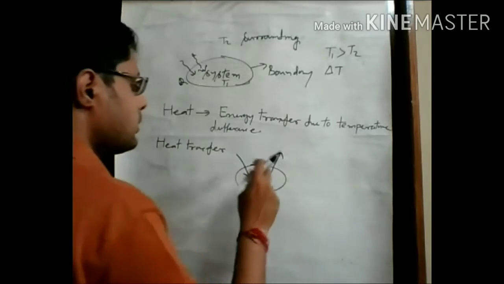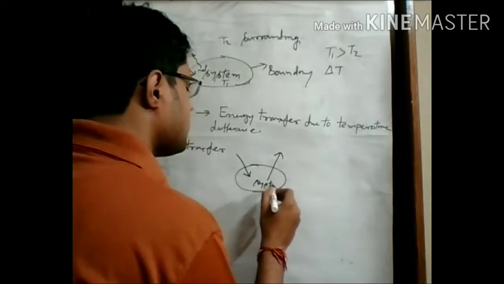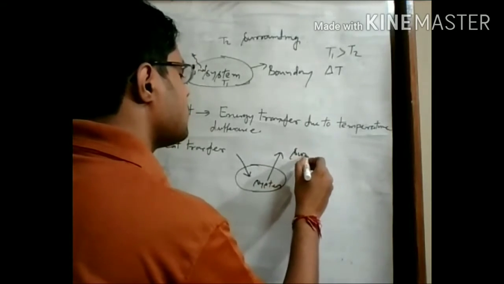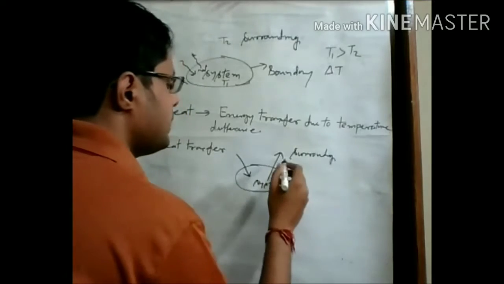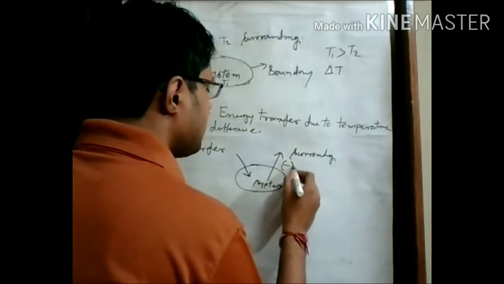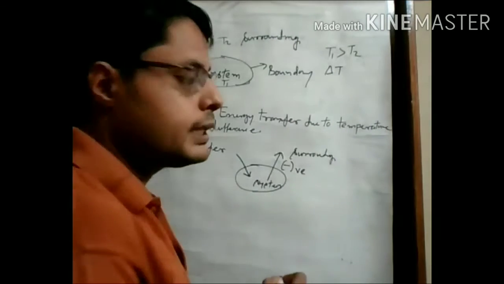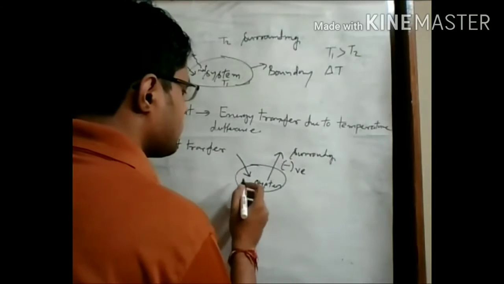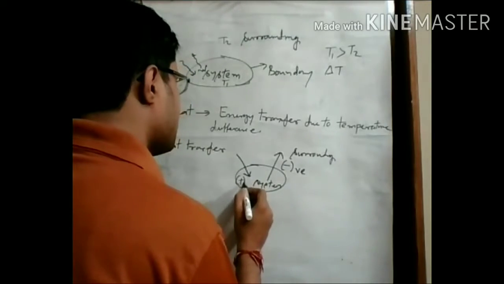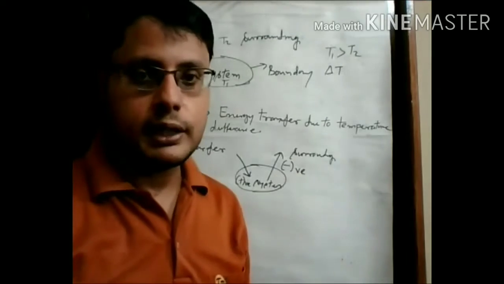If heat is transferred from system to surrounding, we treat it as negative. And if heat is transferred from surrounding to system, then we treat it as positive heat transfer.